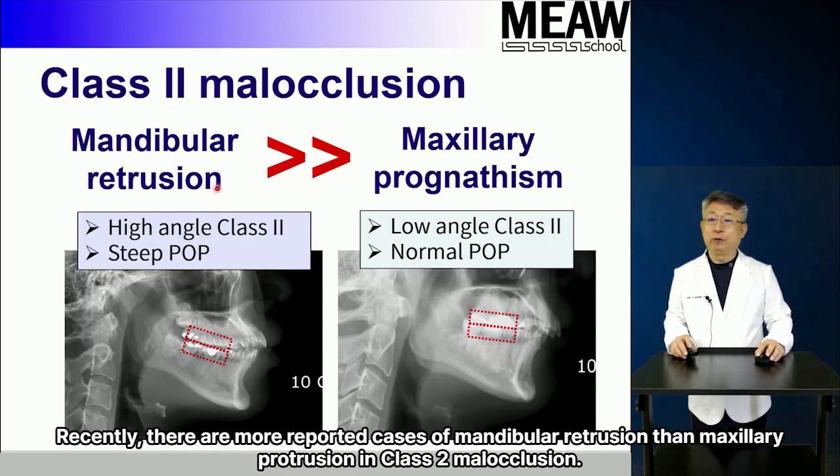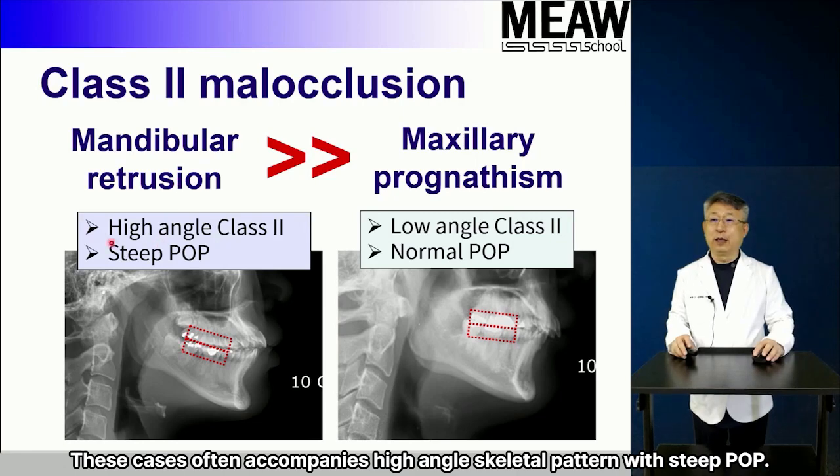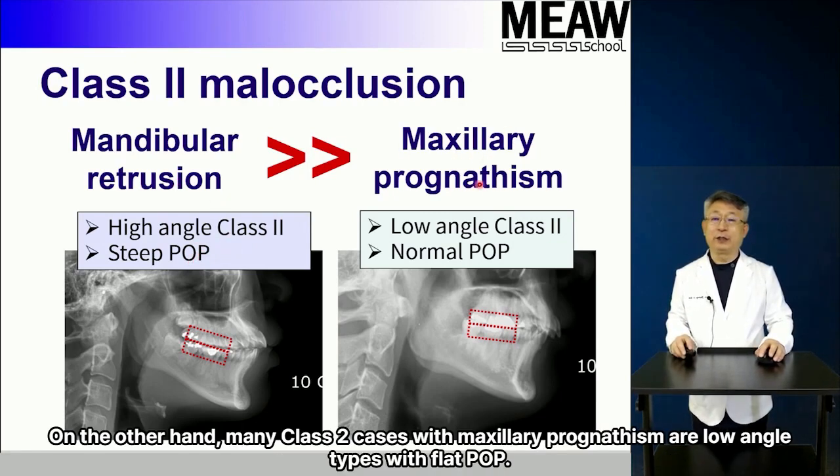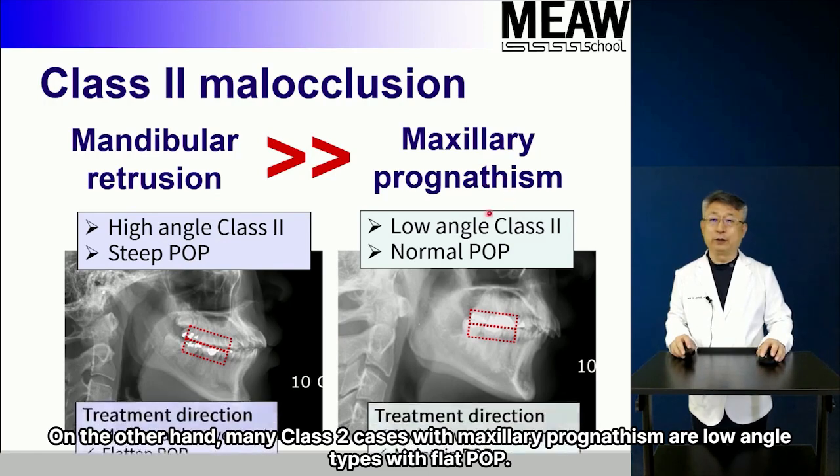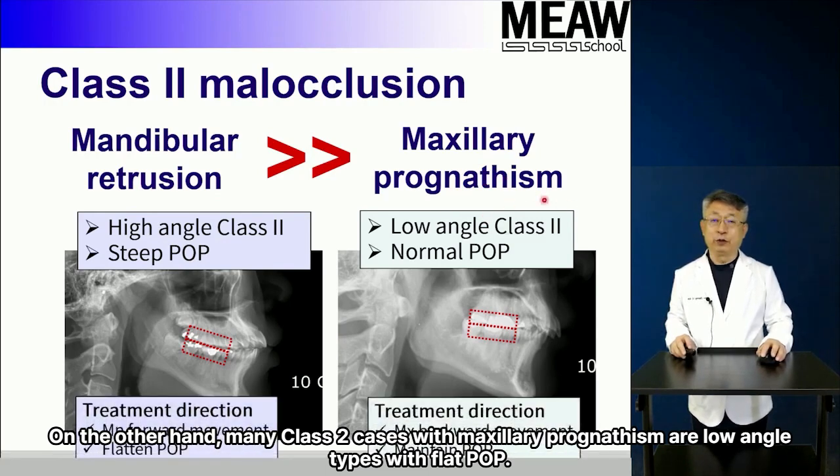Recently, there are more reported cases of mandibular retrusion than maxillary protrusion in Class 2 malocclusion. These cases often accompany a high-angle skeletal pattern with steep POP. On the other hand, many Class 2 cases with maxillary prognathism are low-angle types with flat POP.